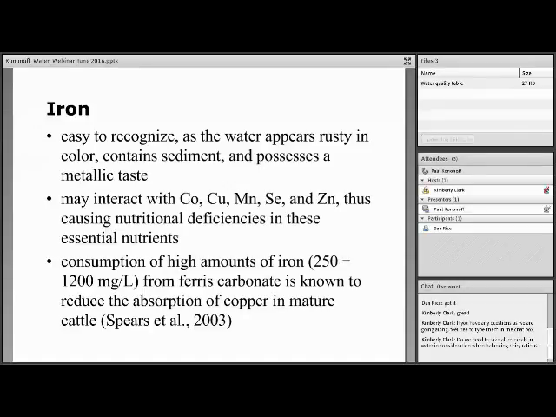Okay, so a number of recommendations here, and there is some research out of Florida showing that high amounts of iron may negatively affect the absorption of copper. So these recommendations are grounded in some really good research projects. So if you've got iron, consider looking at copper as well as some other minerals that I've got listed here.